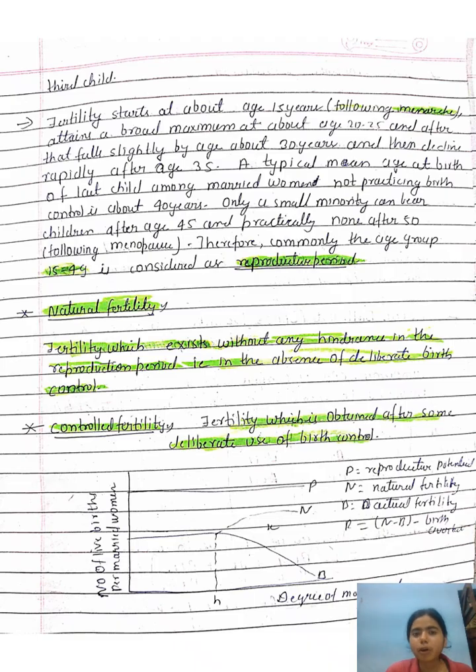Fertility starts at about 15 years, with menarche, the onset of menstruation.